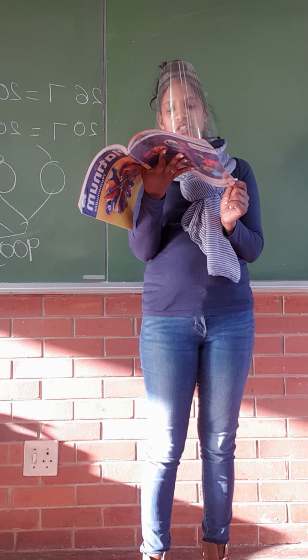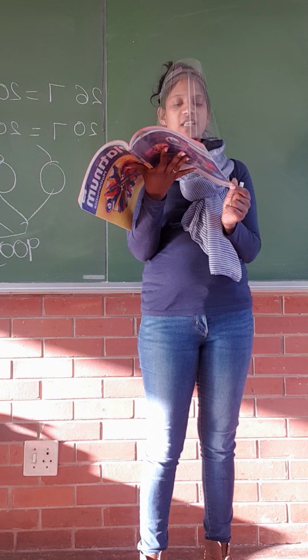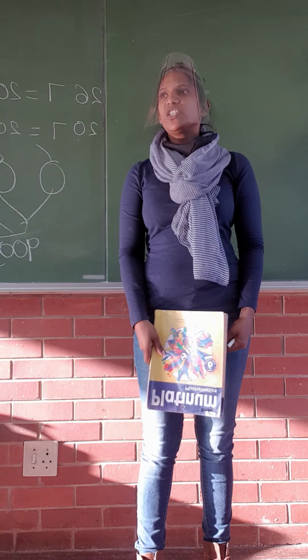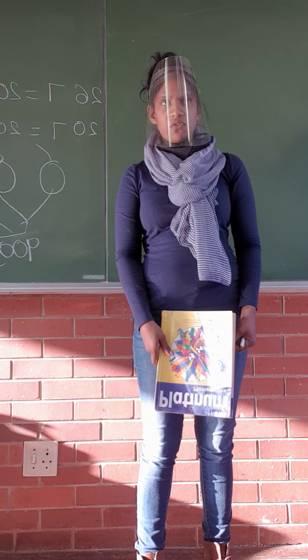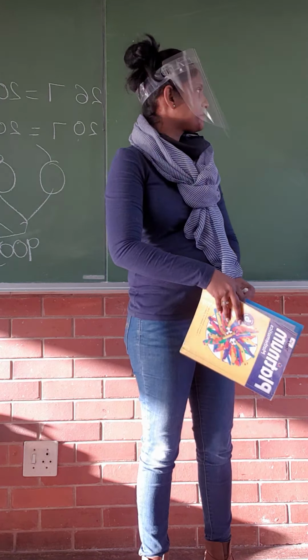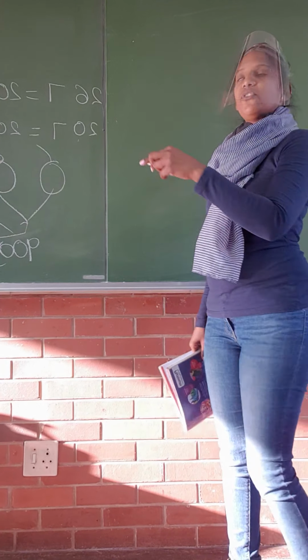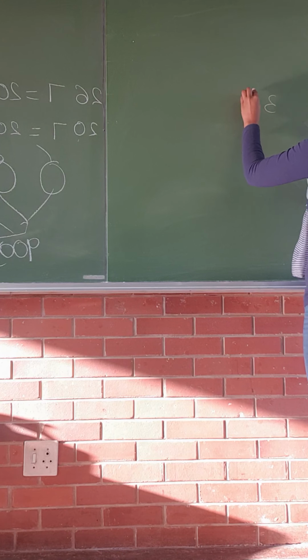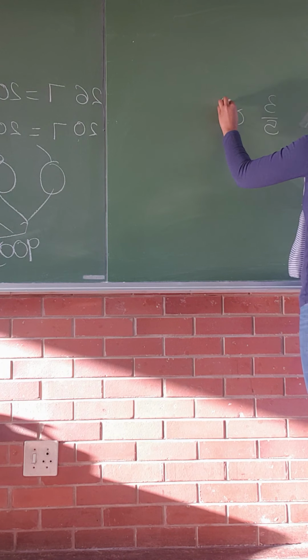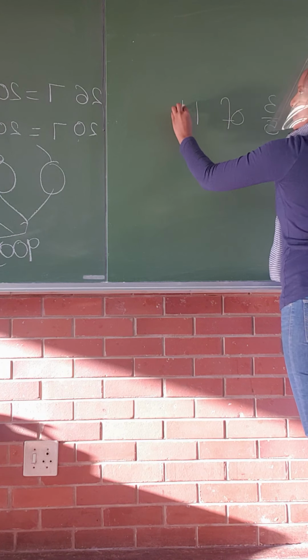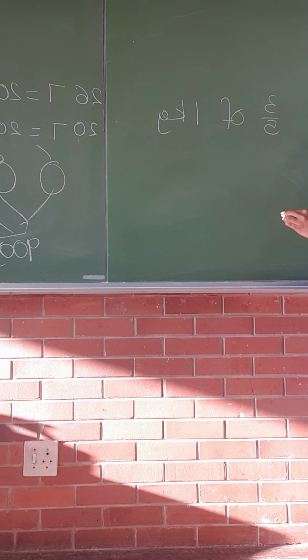Number B says round off the masses to the nearest 100. Now I saw a lot of shocked faces when you saw 1/5 and 2/5, right? Look carefully. If I asked you for 3/5 of 1 kilo, we are going to write 3/5.